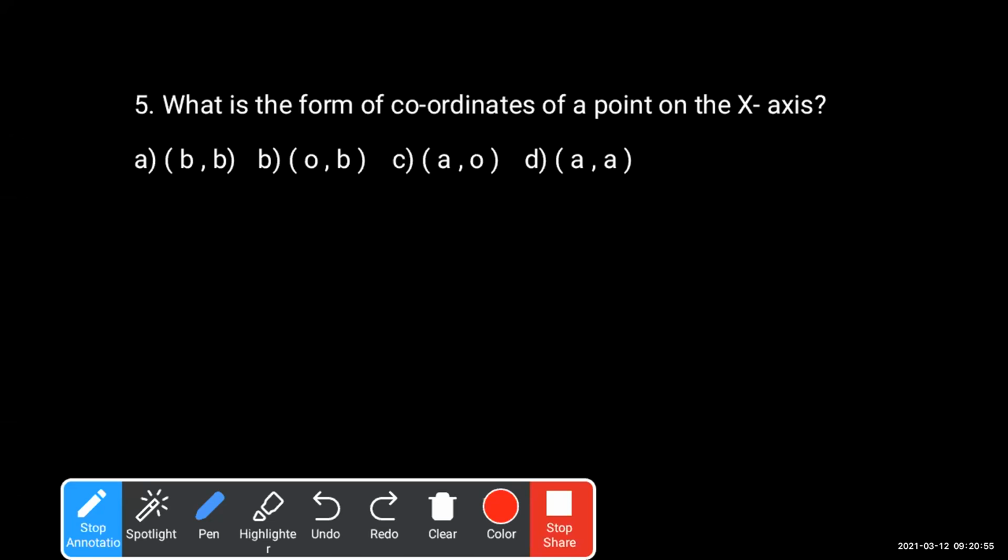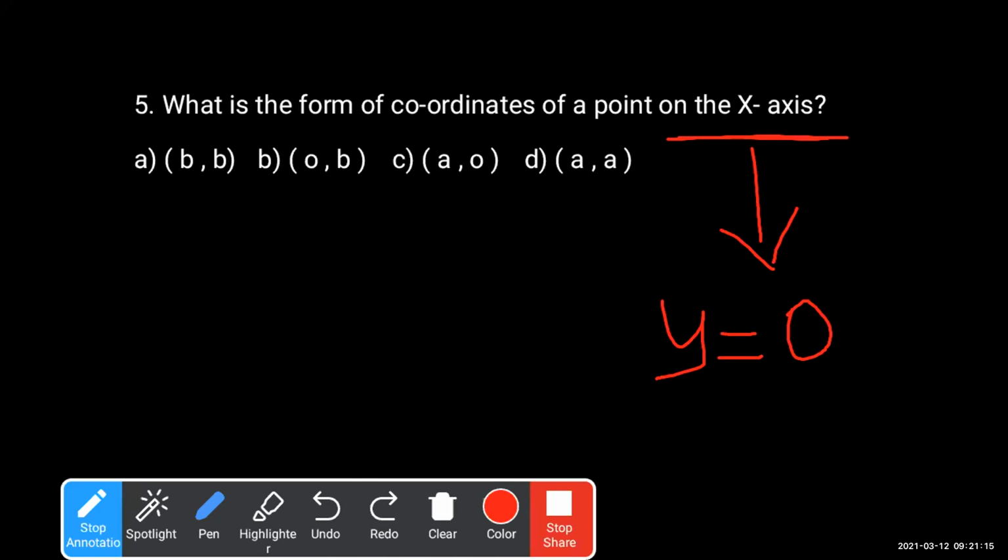So here, a point on the x-axis means the y coordinate will be 0. And the general form is x is equal to a.